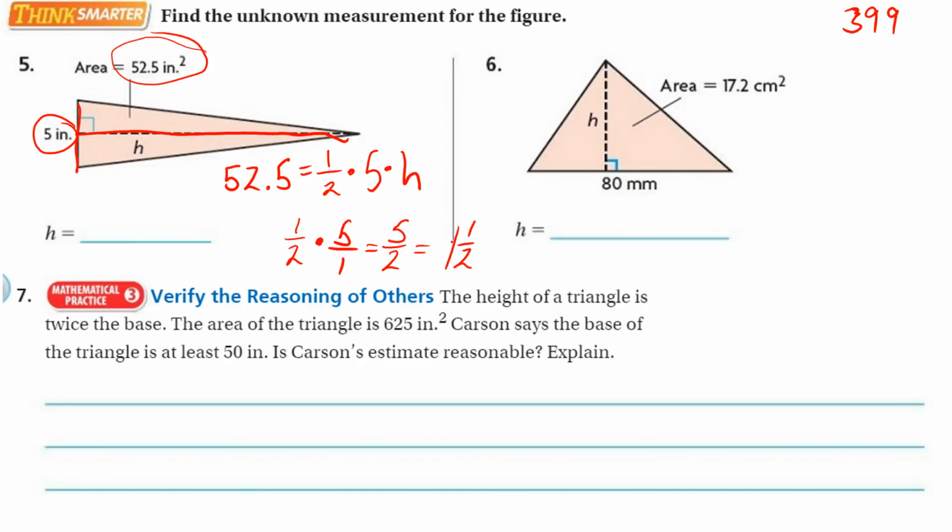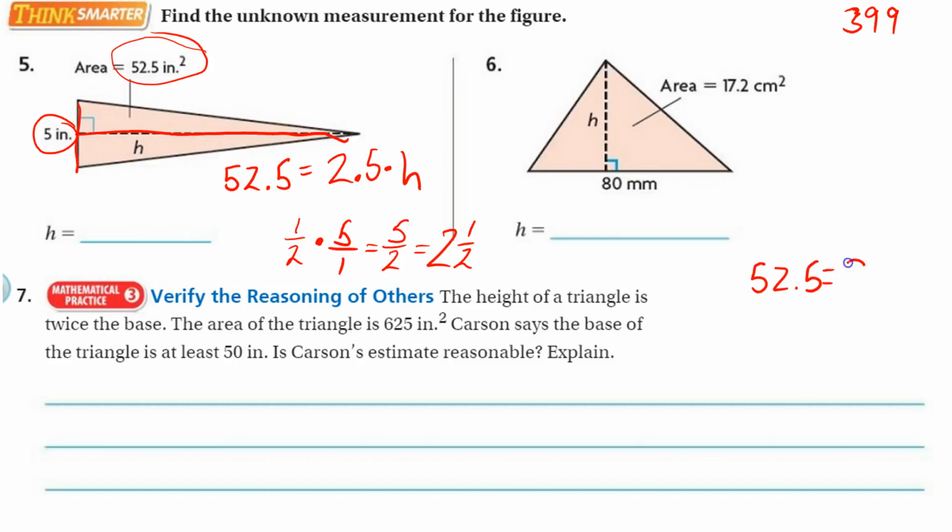So 2.5. So now we have 2.5 times h. And since they're using decimals, I'm going to keep this as a decimal. 1/2 would be 0.5.